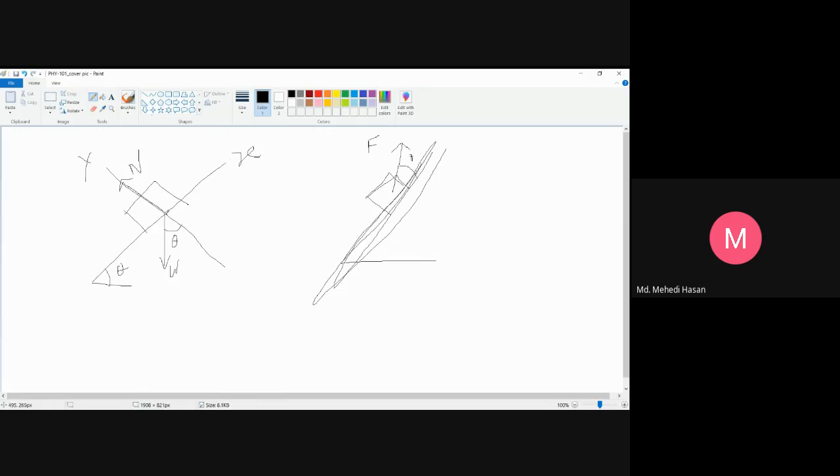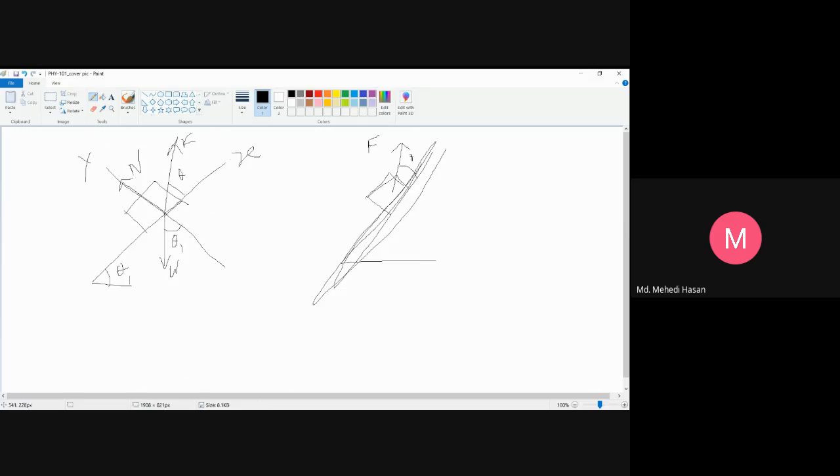Now the applied force is like that, force F. We consider this angle theta 1. Now tension is not involved because there is no attached spring here, so no tension is involved.